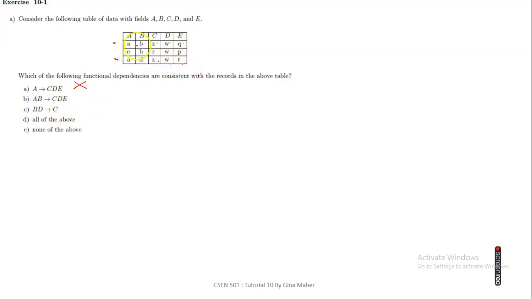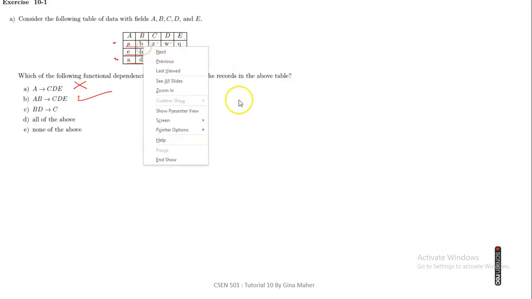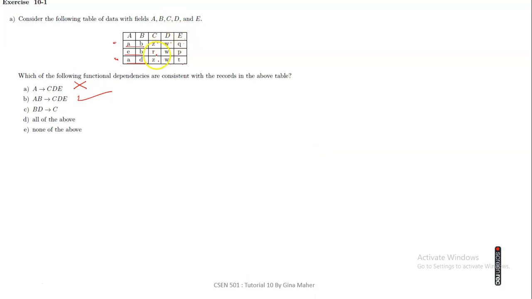Each time, the AB will have a unique value, so in this case, this holds. BD implies C. BW implies C, which is not correct because when it is B and W, once the value is Z and once it is R. So this one is not correct. So the only valid one is this one.